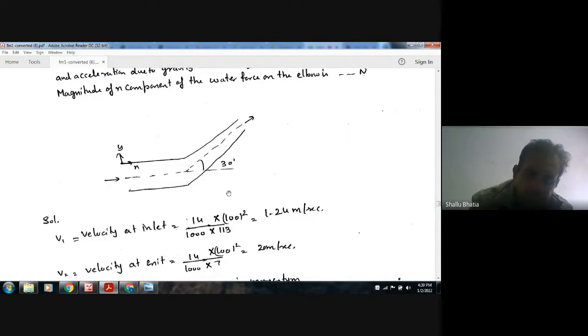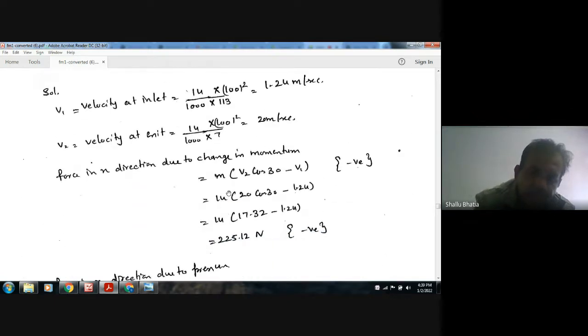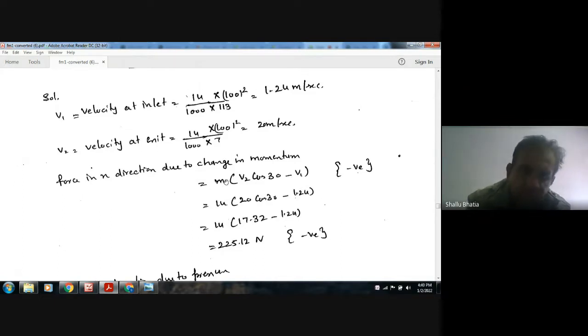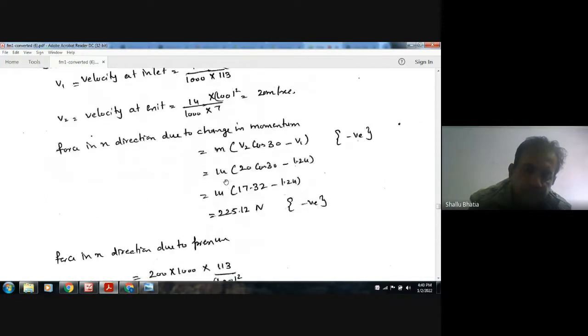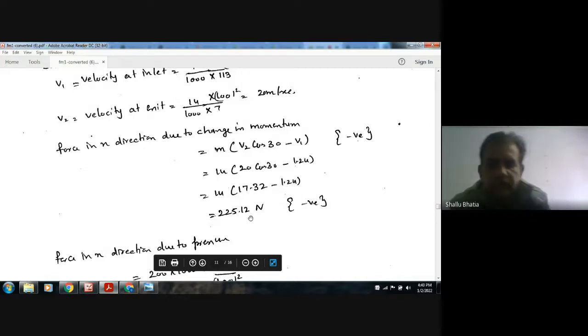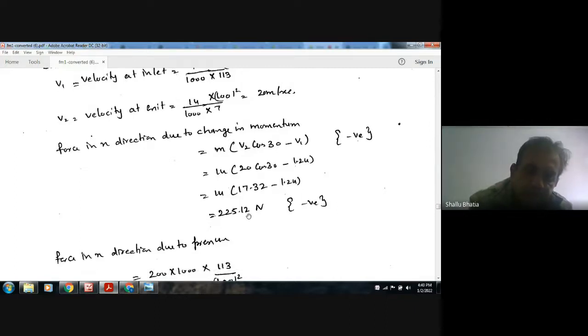So 20 cos 30 minus 1.24. Here m is 14. So m times V2 cos 30 minus V1. This is your change in momentum, or the force exerted due to change in velocity, because final velocity is more than the initial velocity. So the force will be exerted in negative direction due to propulsive effect.